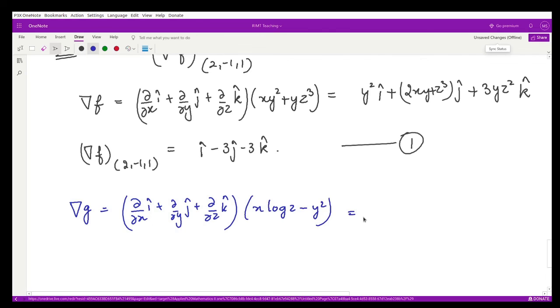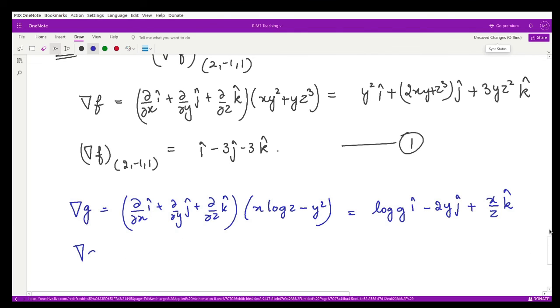So if you take the partial derivative with respect to x, it would be log of z i cap, right? With respect to y, it would be minus 2y j cap, and with respect to z, it would be x upon z k cap. And when you evaluate this at the given point, the given point here is the second point which is given to you.